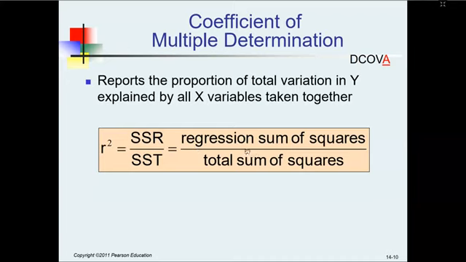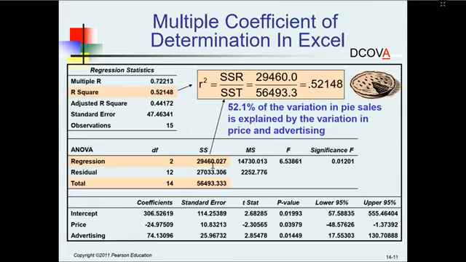So the SSR is the regression sum of squares, and the SST is the total sum of squares. So the regression sum of squares over the total sum of squares will give R squared. So how do you locate that on the table given?